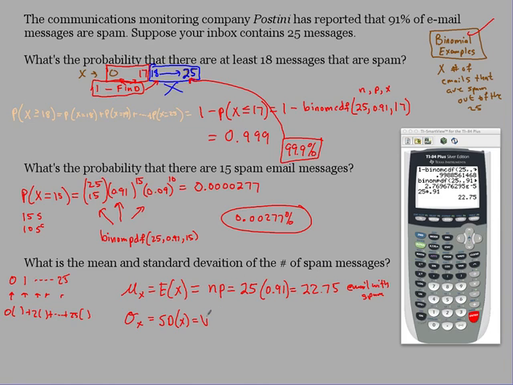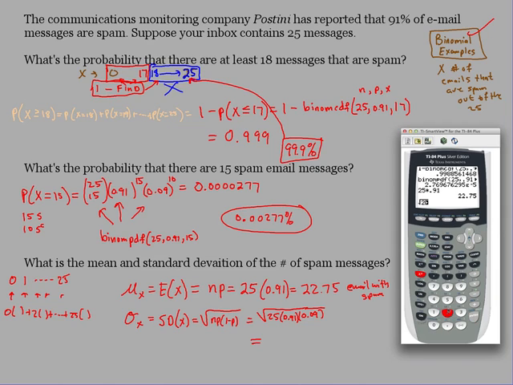So the formula for here is the square root of np times 1 minus p. Okay, so that's the square root of 25 times 0.91 times 0.09. I'm sorry, not 25.